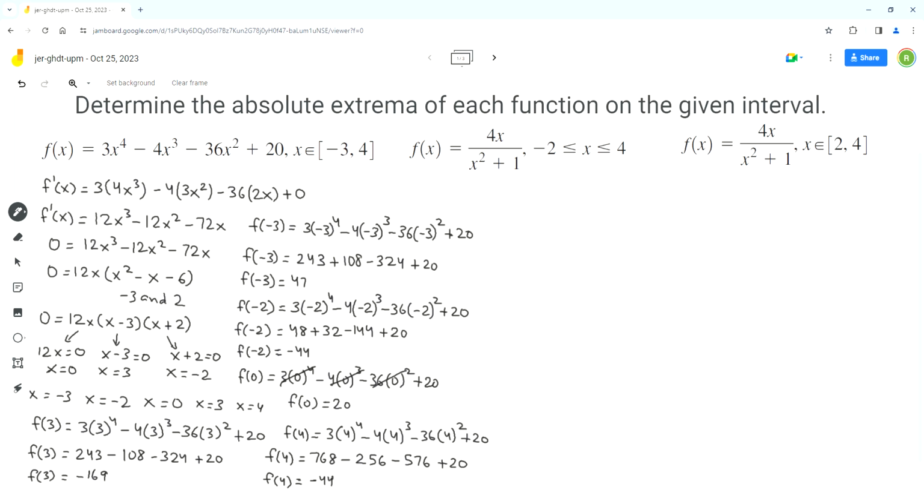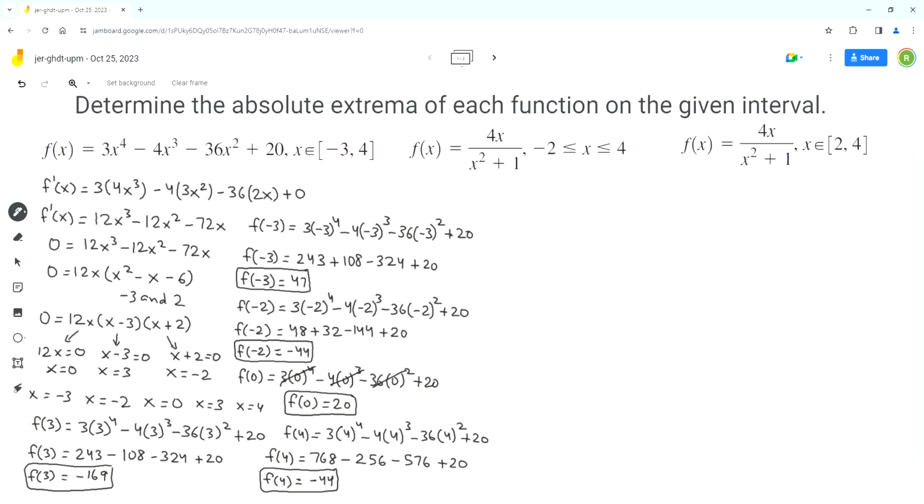So now we have to compare these 5 function values. So the first one, second one, the third one, the fourth one, and the fifth one.